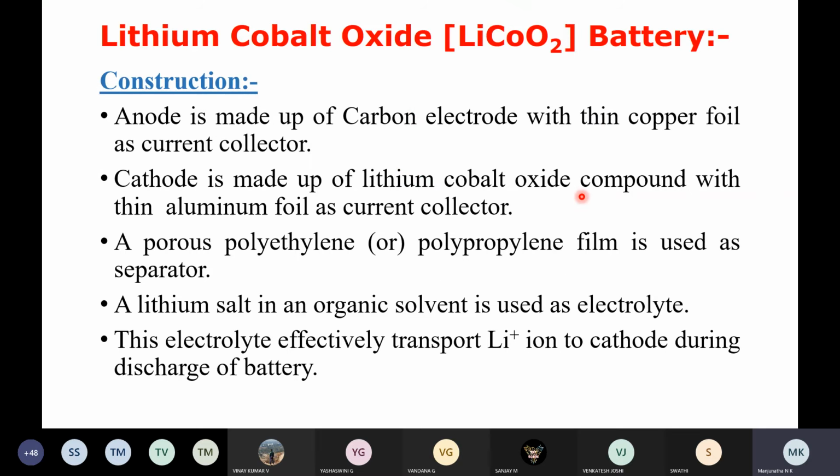It's a clear construction. See, this is the construction. The cathode is lithiated cobalt oxide, and there is a polyethylene or polypropylene membrane acting as a separator, and there is a lithium salt in organic solvent used as an electrolyte, in which the electrolyte provides a medium for transport of lithium ions to the cathode during the discharging process.